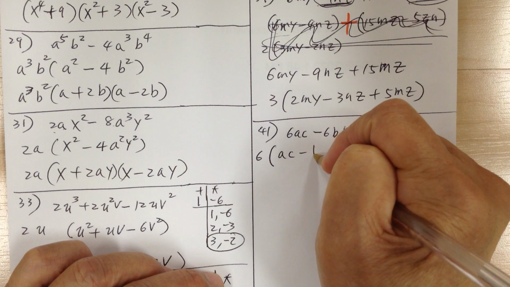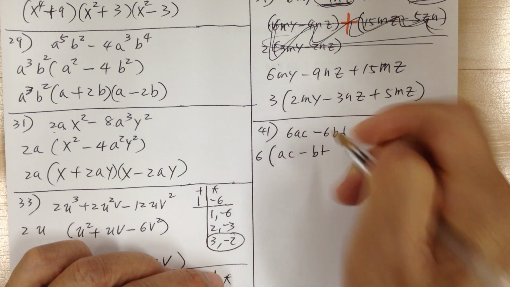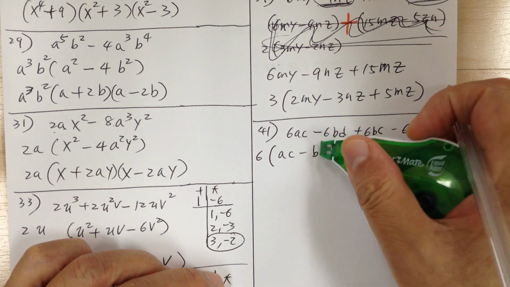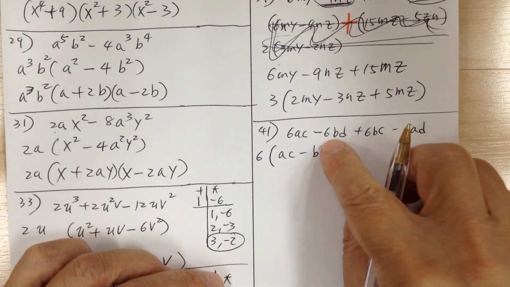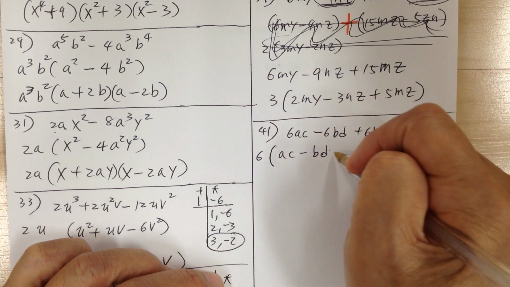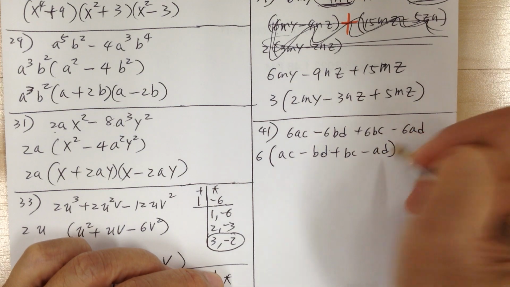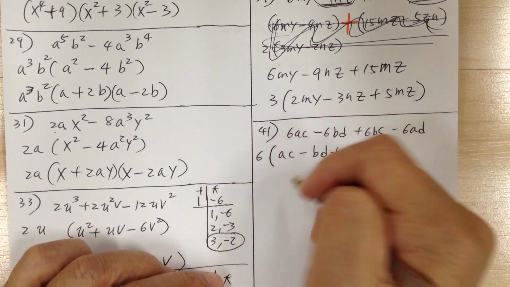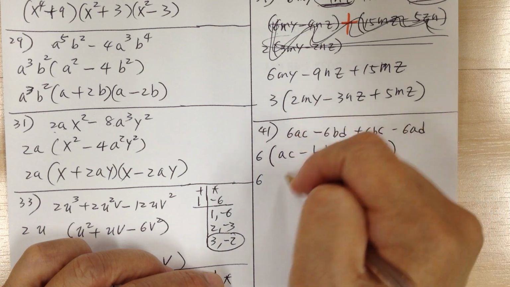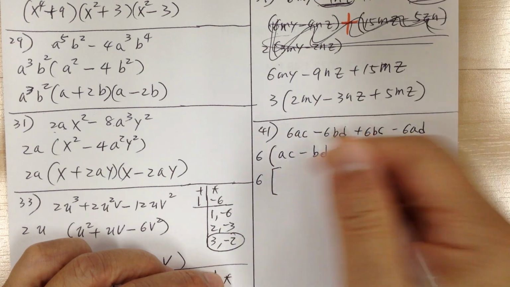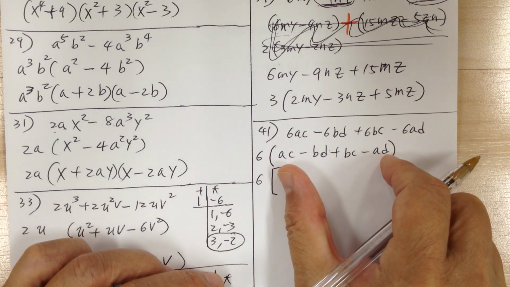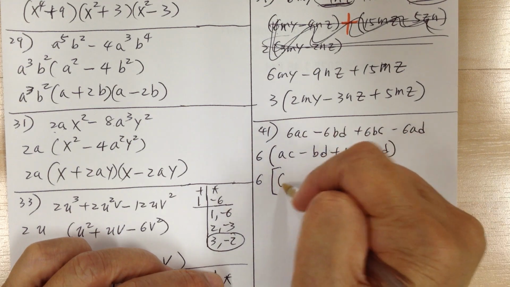Make sure you go in order. So step 1, common factor. Then from here, you're going to do the grouping. Because you're going to do grouping, you need the parentheses already. So when you're going to do grouping, you have to do this.